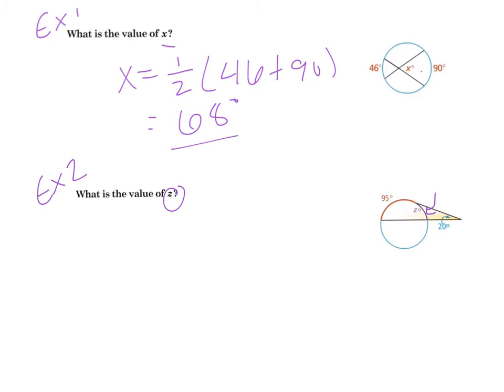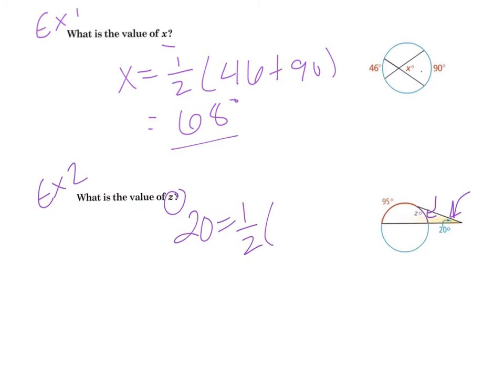And that one says that the angle that is outside of the circle, created by 2 lines, is equal to half the difference of those 2 intercepted arcs. So basically this is our formula. Notice here that the variable we're looking for is inside the parentheses, so we're going to have to use a little bit of algebra to get rid of that.